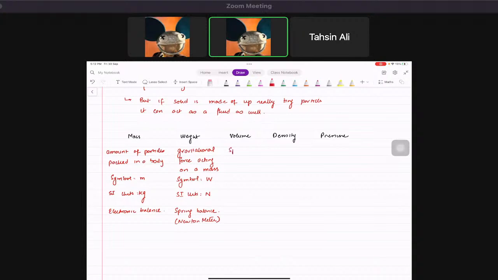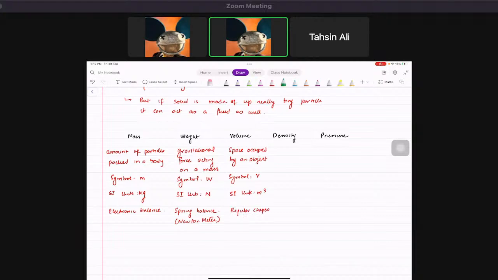Volume is the space occupied by an object. The symbol for volume is V. The SI unit for volume is meter cubed. For regular shapes, we got to know the formulas.